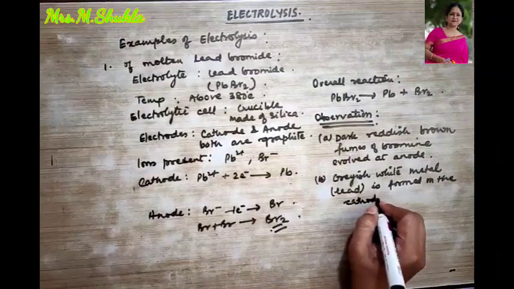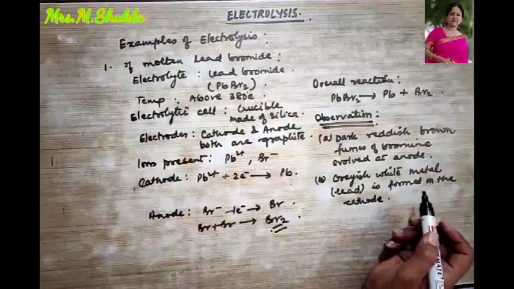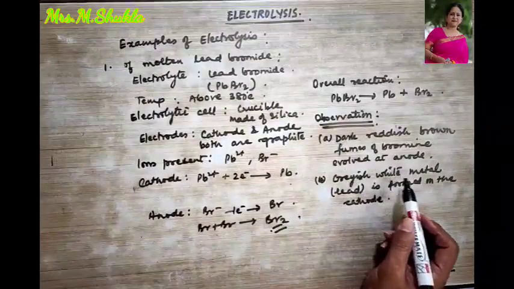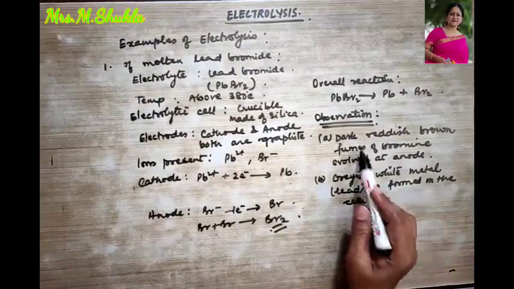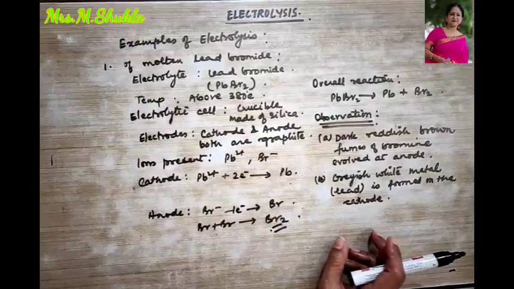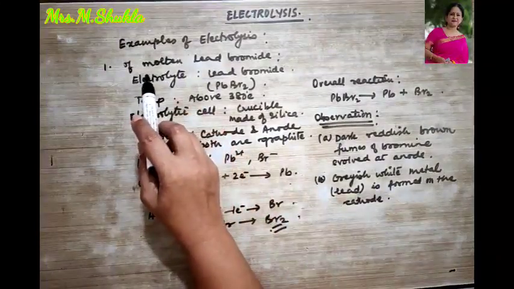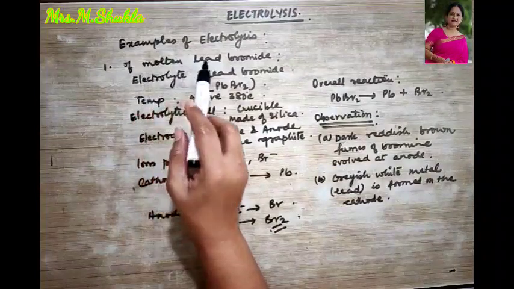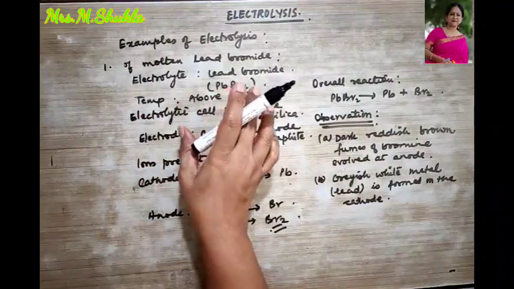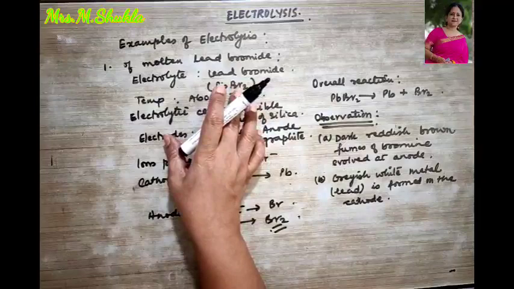A layering of lead has taken place, which color? Grayish white. So these are the observations that you need to write if you are asked what happens on heating the molten lead bromide. I hope till here everything is clear.